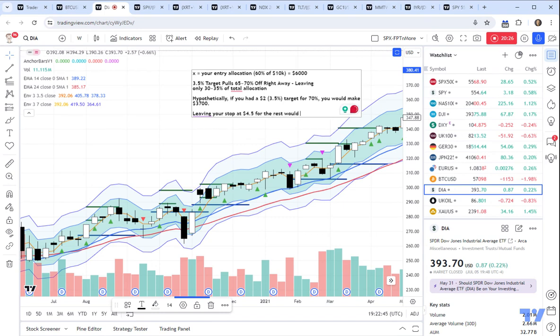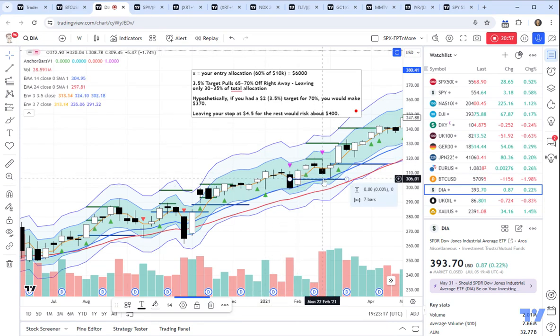I've got to figure out the shares. You'd have about 370, let's say. And here you would risk about $400 roughly, if you didn't move your stop.